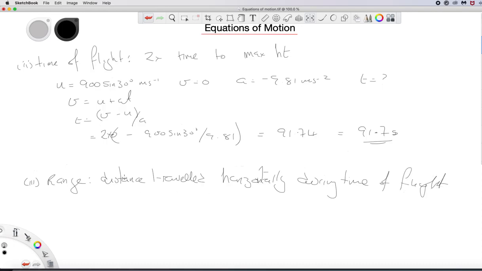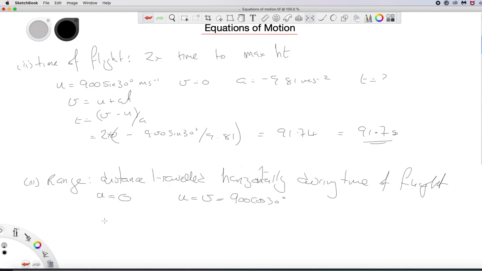So, we're looking at the distance travelled horizontally, so there's no acceleration. We have our initial velocity, which is the final velocity, because it doesn't change because there's no acceleration. And that, of course, is 900 cos 30 degrees, because the horizontal, so the vertical was 900 sine 30.